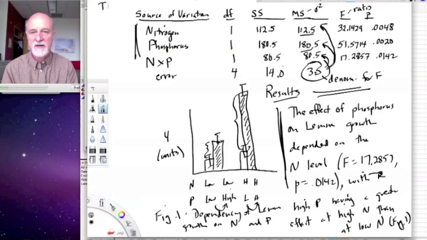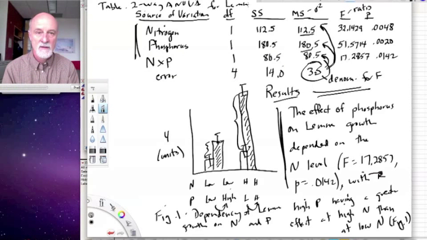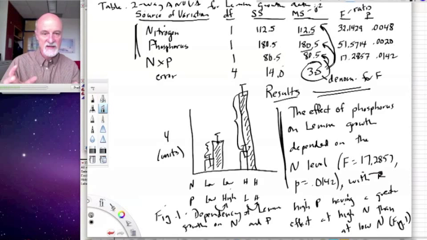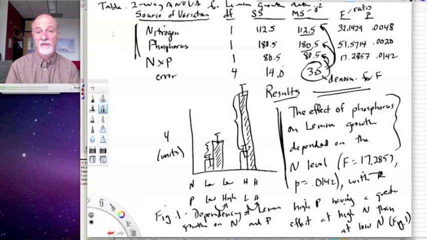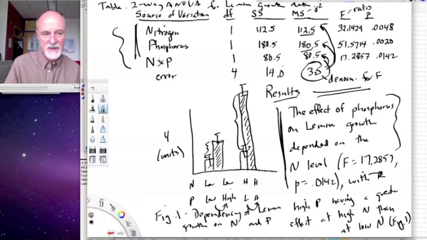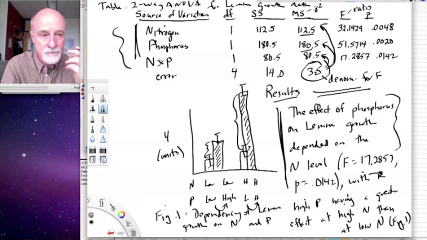And our table legend might say two-way analysis of variance for lemna growth data. Something like that. Okay, and then we have a complete table there. We would reference the table. And by the way, typically you would either reference it this way or reference it with the table and not both. But I'm just showing you how you could do it either way.